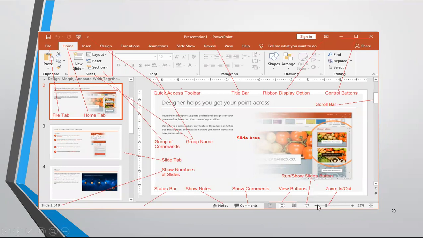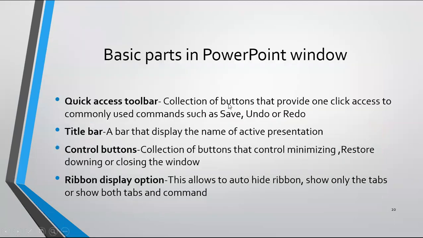This minus says zoom out, and this plus button you can use to zoom in, right? And those are the things that you need to be familiar with when you are going to use Microsoft PowerPoint, right?